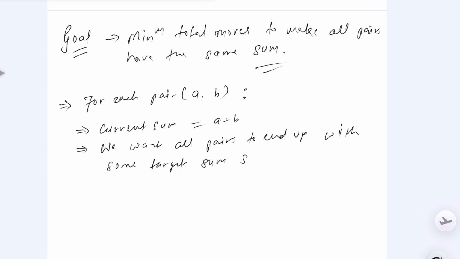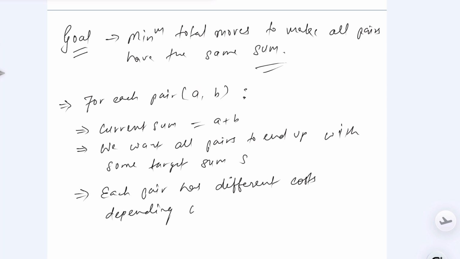So each pair has a different cost, and that depends on S, right?